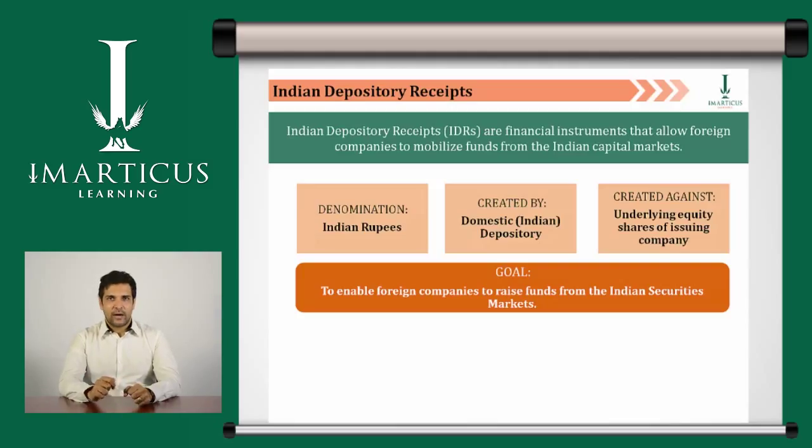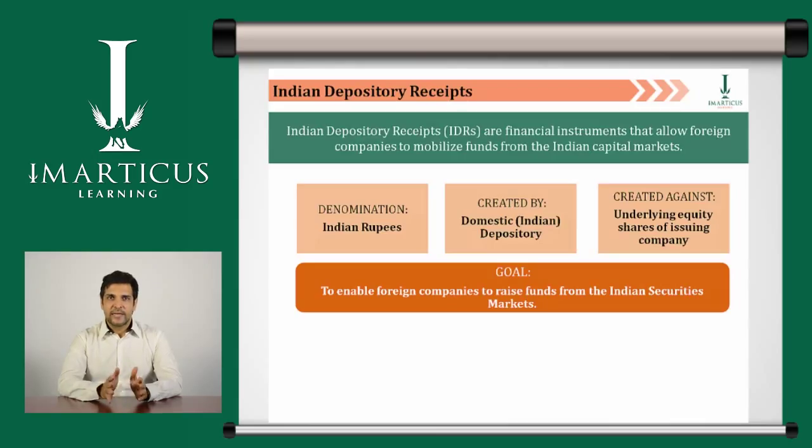In an IDR, foreign companies would issue shares to an Indian depository, say NSDL, which is National Securities Depository Limited, which would in turn issue depository receipts to investors in India. Thus, the denomination of IDR will be in rupees.